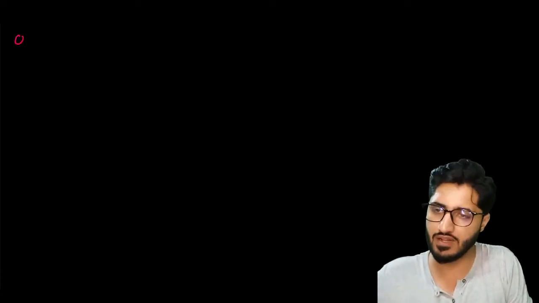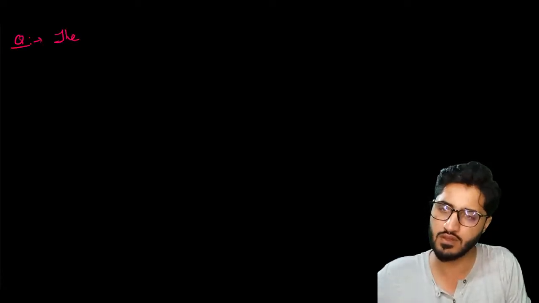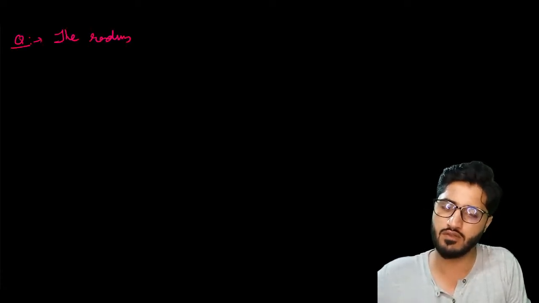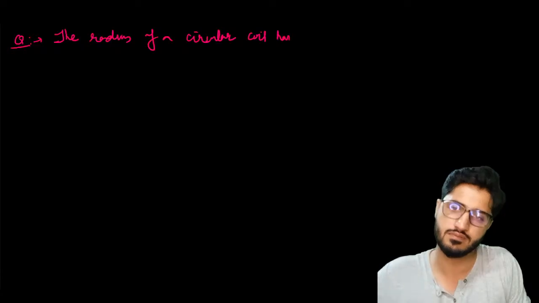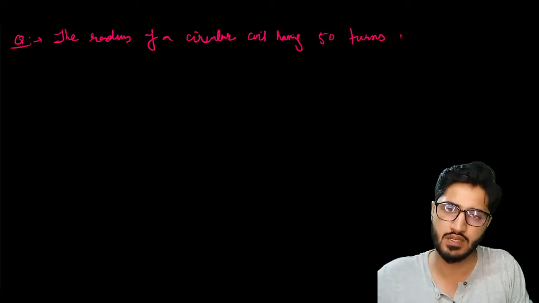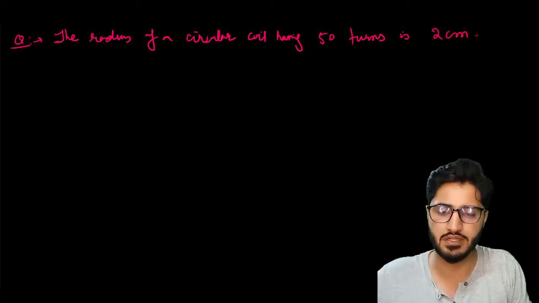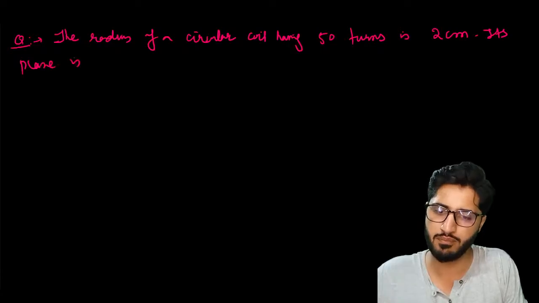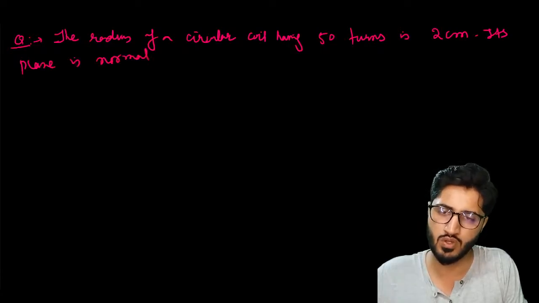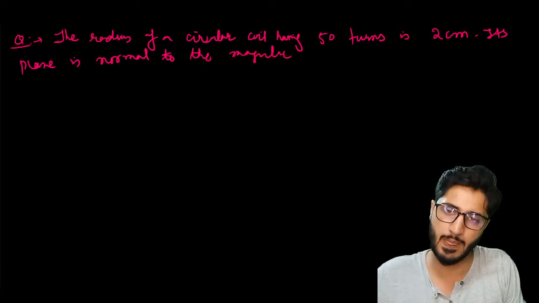So we're having a numerical. I will write the whole language of the numerical. The radius of a circular coil having 50 turns is 2 centimeter. Its plane is normal to the magnetic field.